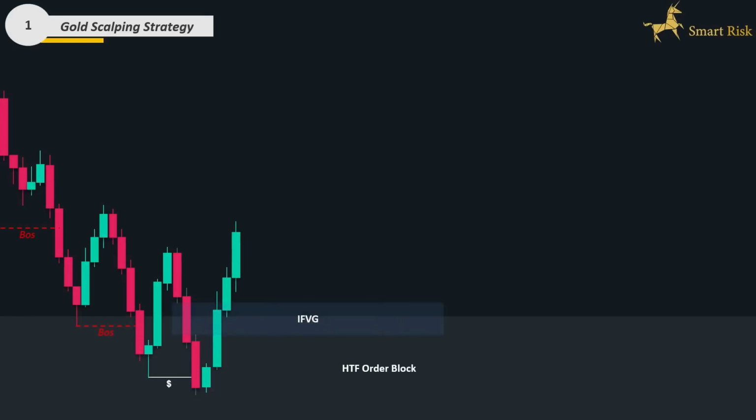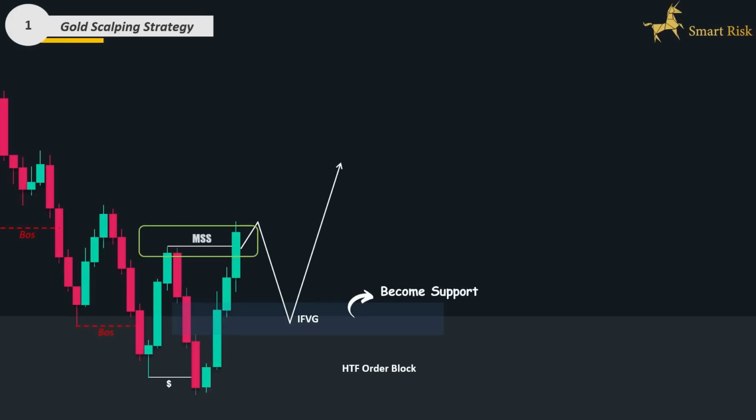This serves as our first confirmation. Once the IFVG forms, it often acts as a new support level, providing a strong area for a potential buy entry. And if a market structure shift occurs at the same time, it adds another powerful layer of confluence, making the setup even more reliable.